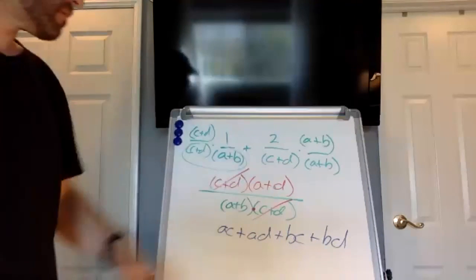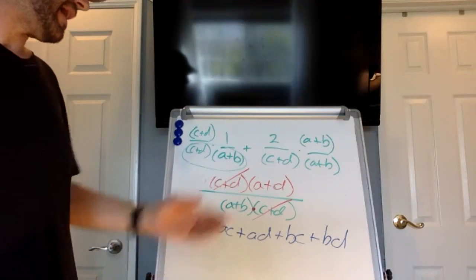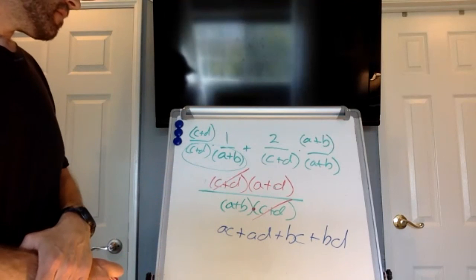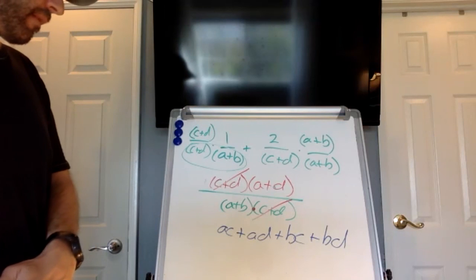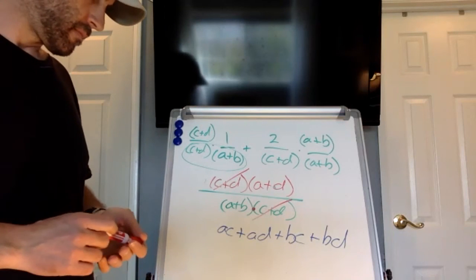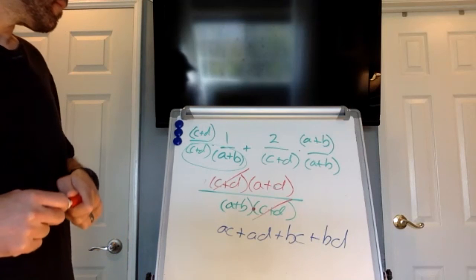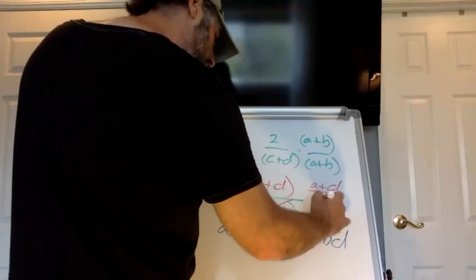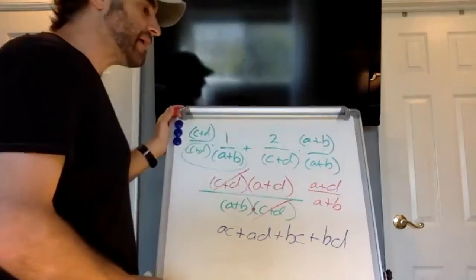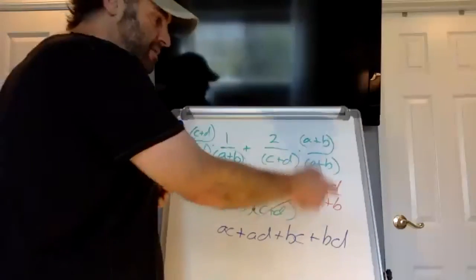And my final answer would be A plus D over A plus B. And I can't cancel the A's, because the A is added to D. You can't do anything with that.